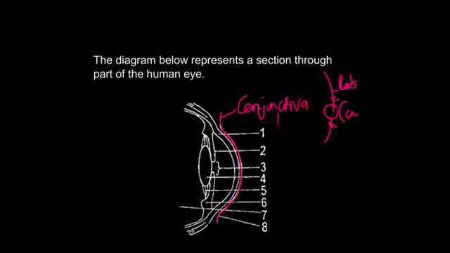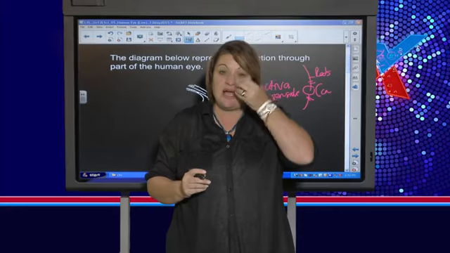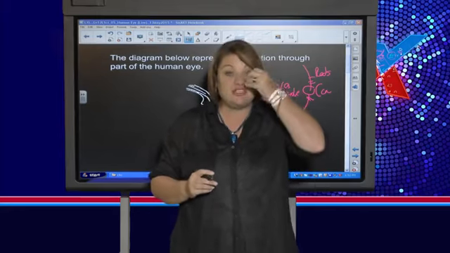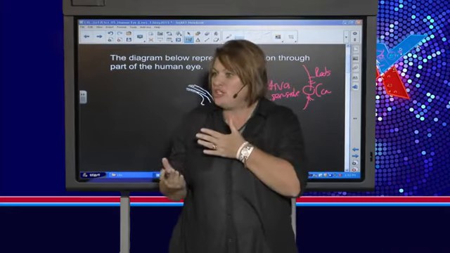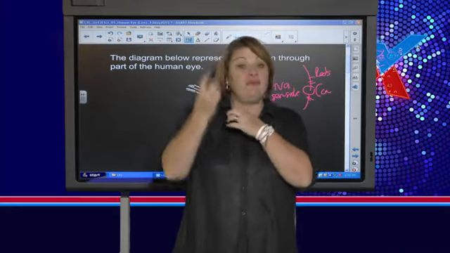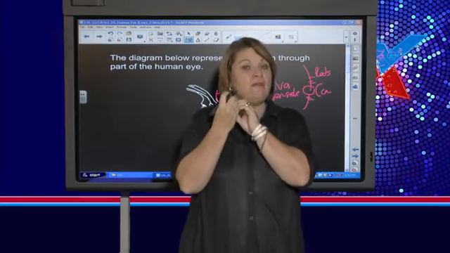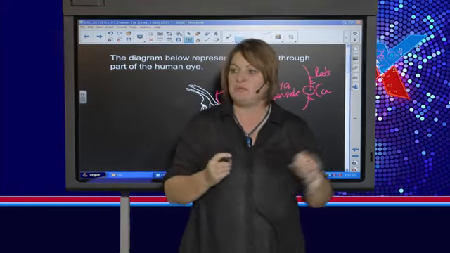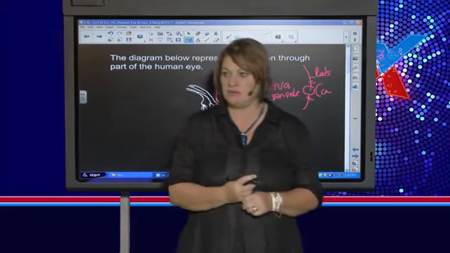That is also sensitive because it's got little nerve impulses. It protects your eye when something gets stuck in your eye, and it protects your eye from getting damaged. So when she's talking about sensitivity, the retina, where all the nerves are, is most sensitive, but she also might be talking about the conjunctiva.